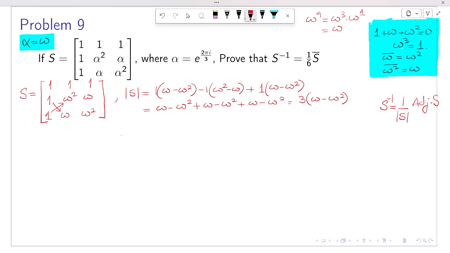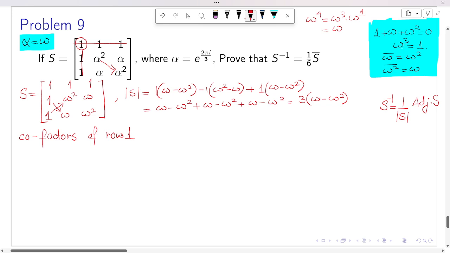Cofactors of row 1. What is the cofactor of this entry? We hide this row, this column, and take the determinant of this.